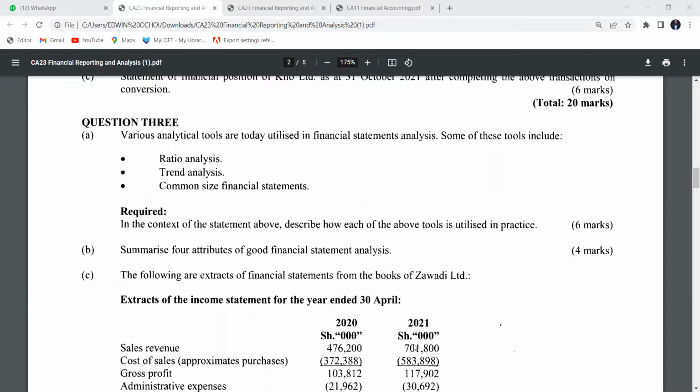Some of these tools include ratio analysis, trend analysis, common size financial statements. In the context of the above statement, describe how each tool is utilized in practice. How is ratio analysis used in practice?